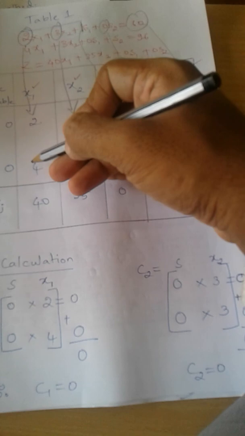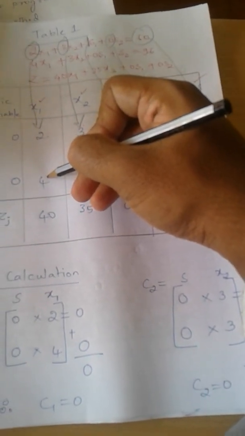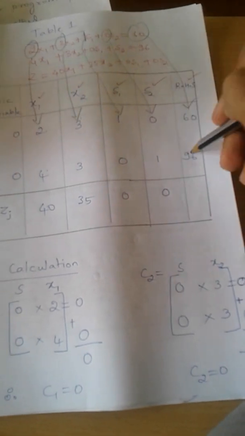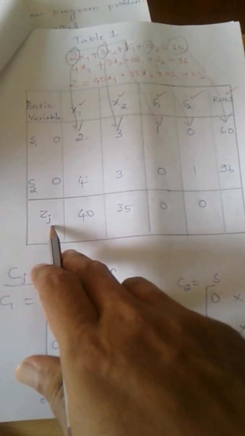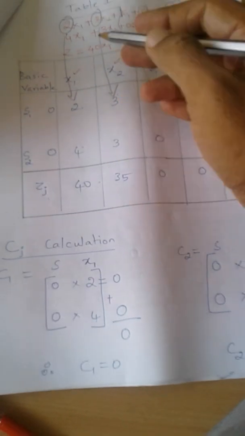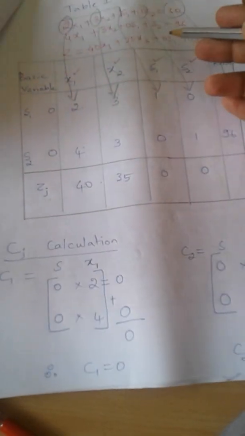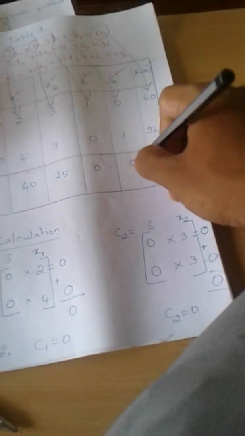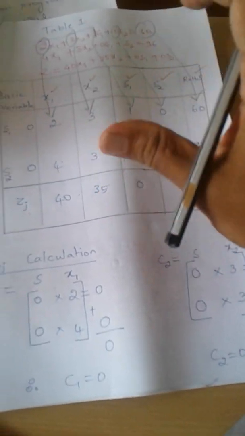Now similarly for the next one, 4x1, 3x2, 0 s1, 0 s2, 96. Next, zj is nothing but the coefficients of the z equation, that is 40x1, 35x2, 0 s1, 0 s2. All right, so this is the simplex table.